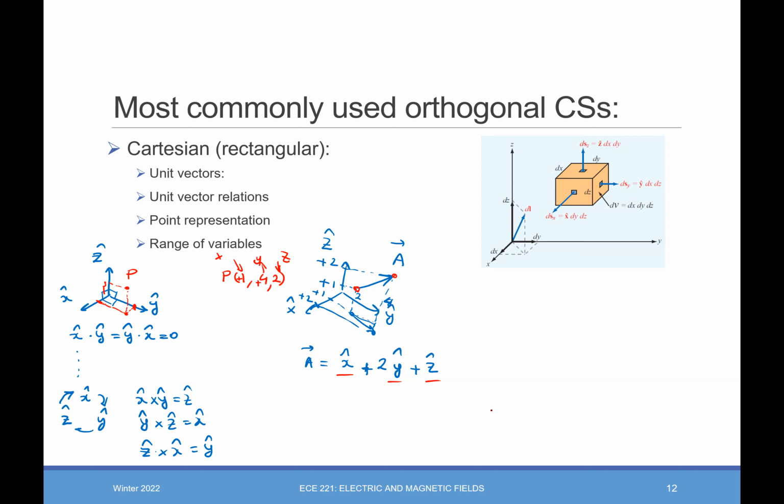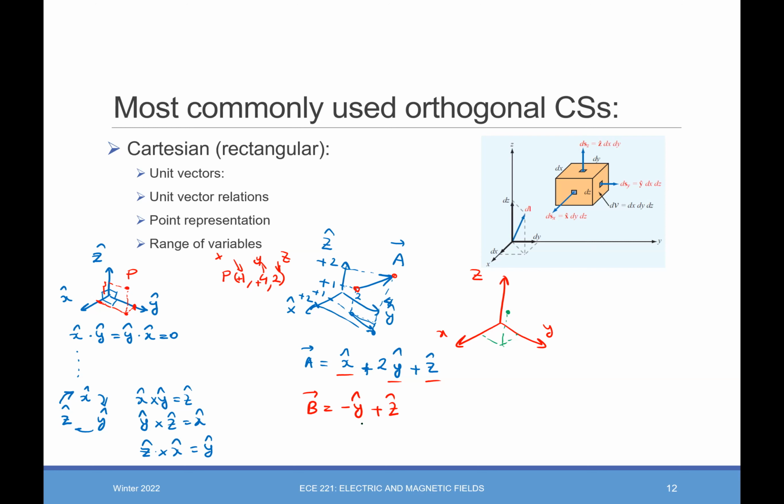For example, if I give you vector b here, and I say it's actually minus y hat plus z hat, and we want to draw this vector, how does it look? Let's assume this is the beginning of vector b, it doesn't matter.